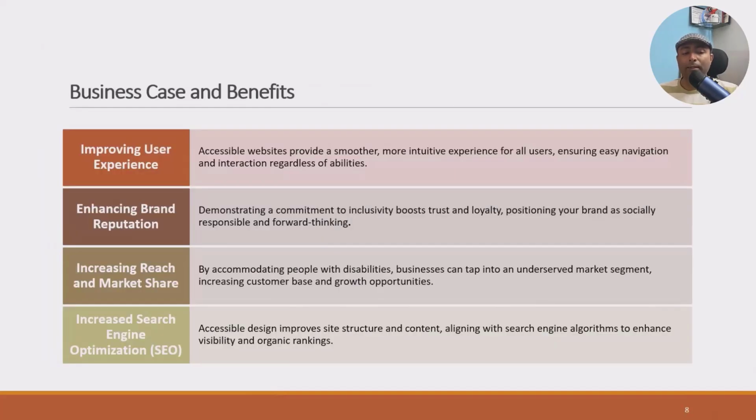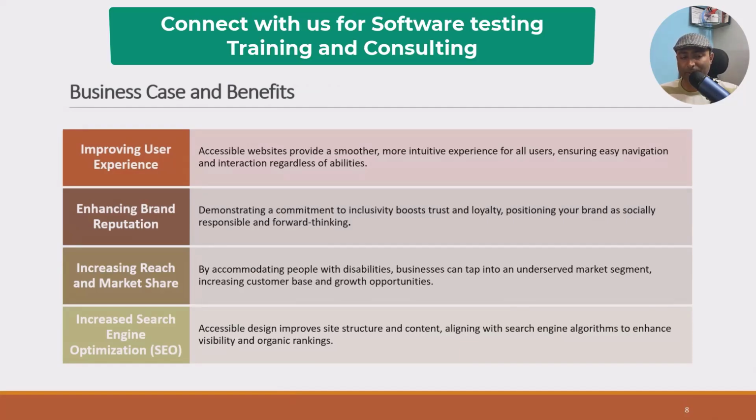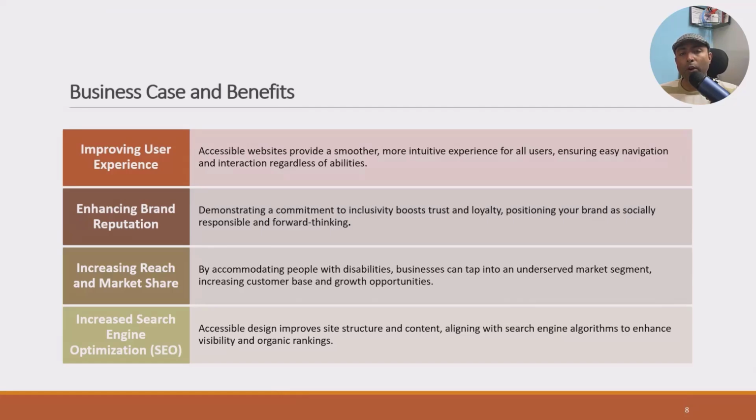The main thing is business cases and their benefits. First is improving user experience. Accessible websites provide a smoother, more intuitive experience for all users in the globe, ensuring easy navigation and interactions regardless of ability.